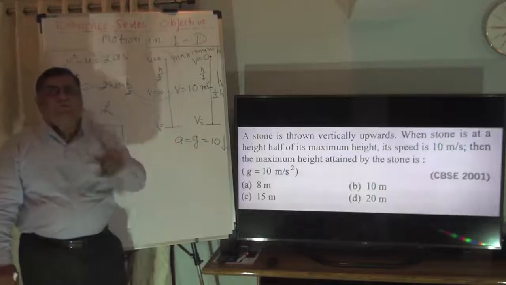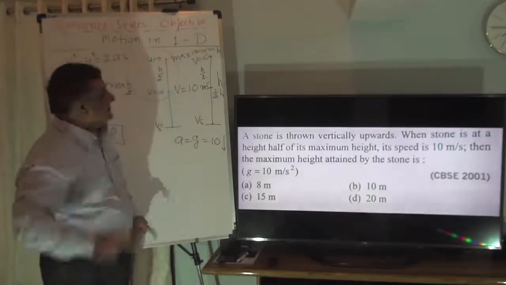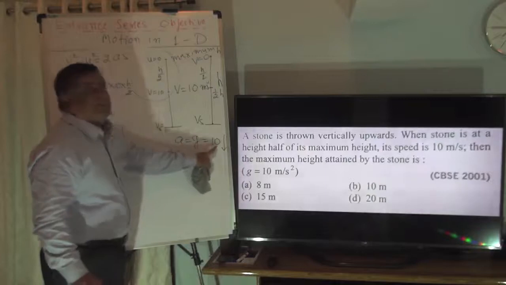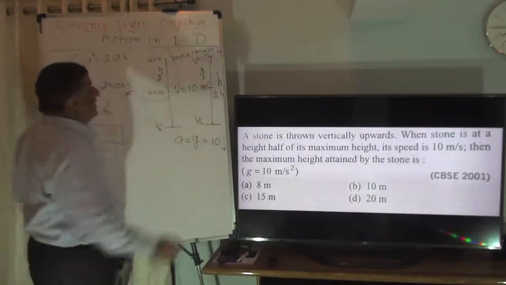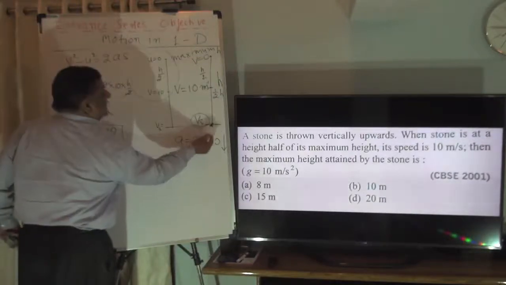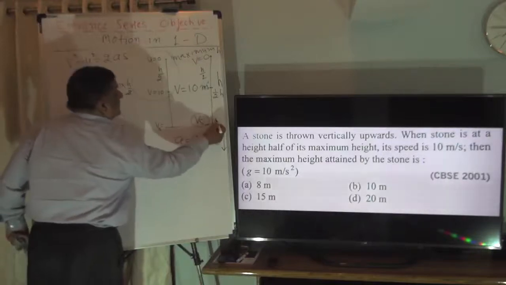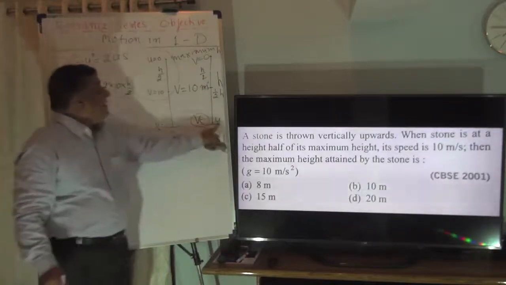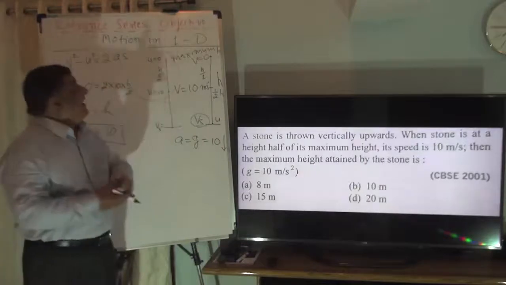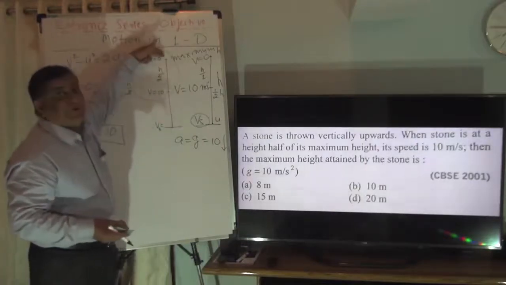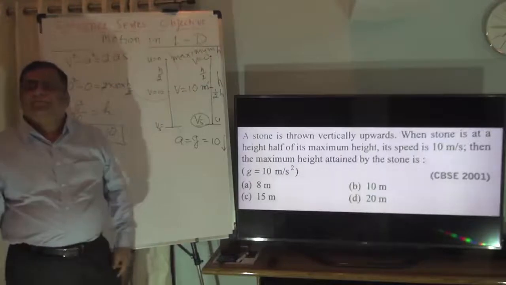Otherwise, you will have to solve it using two equations if you don't take g is equal to 10. Then there is Vs; if you start with this velocity u, then this u becomes an unknown quantity. I have started from here, u is equal to 0, this is a known quantity.